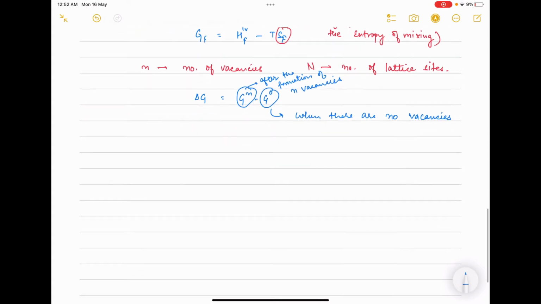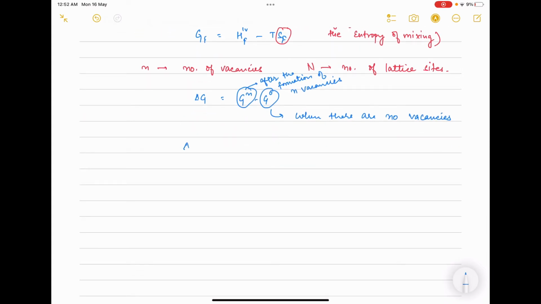Okay, so delta Gn is given by delta HF for n vacancies minus T delta S mixing.